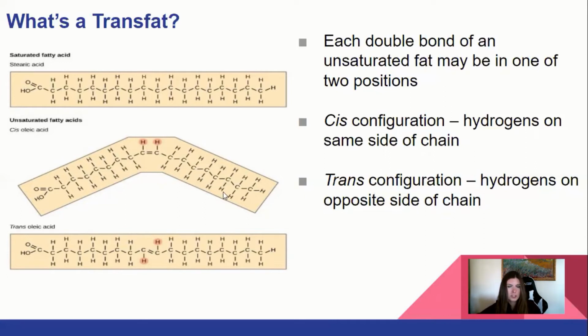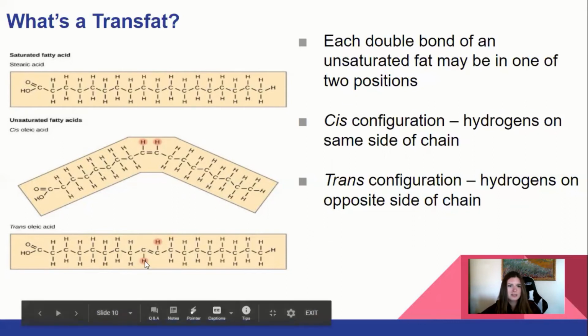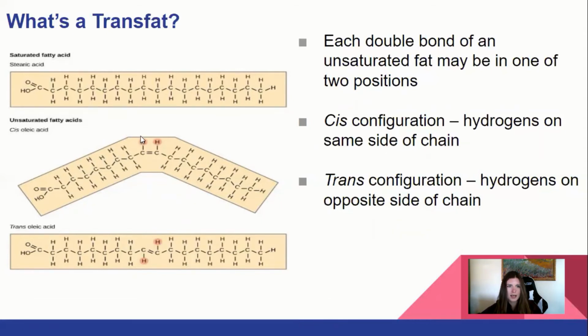Okay, so when we were talking about isomers before, we talked about the fact that we can have different shapes of a molecule even when we have the same chemical formula. When we're talking about trans fats, what we're talking about is the position of the hydrogen on these carbons that are participating in the double bond. Okay. So if they're on the same side of the double bond, here we get a bend in the molecule.